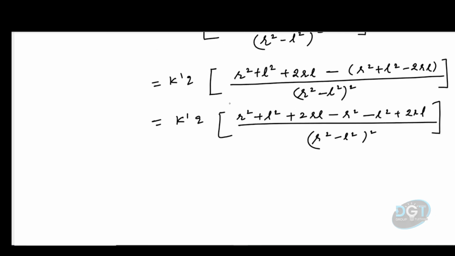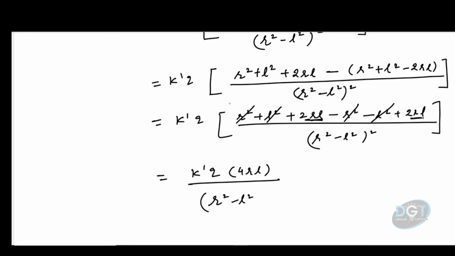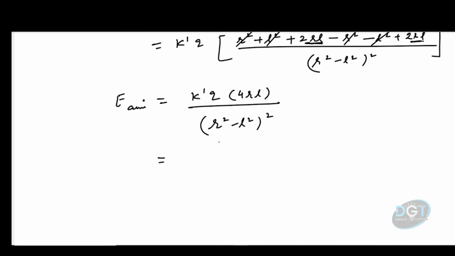Here we see that r square and L square get cancelled, and 2rL plus 2rL becomes 4rL. So ultimately we get K dash Q into 4rL upon r square minus L square whole square. So this is the electric field at any axial point, but we'll reduce it with further modification.